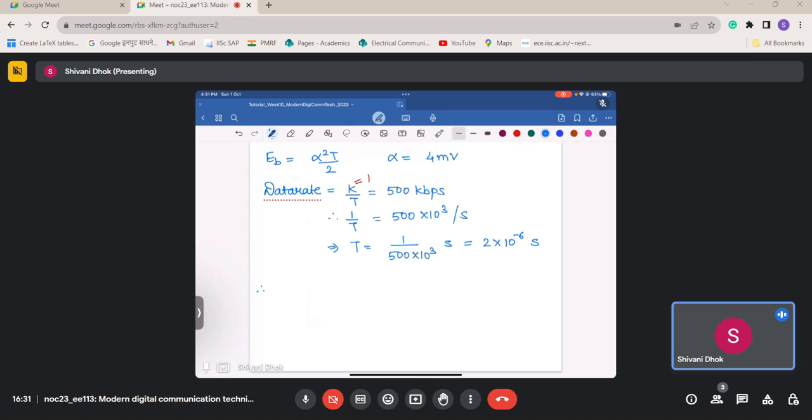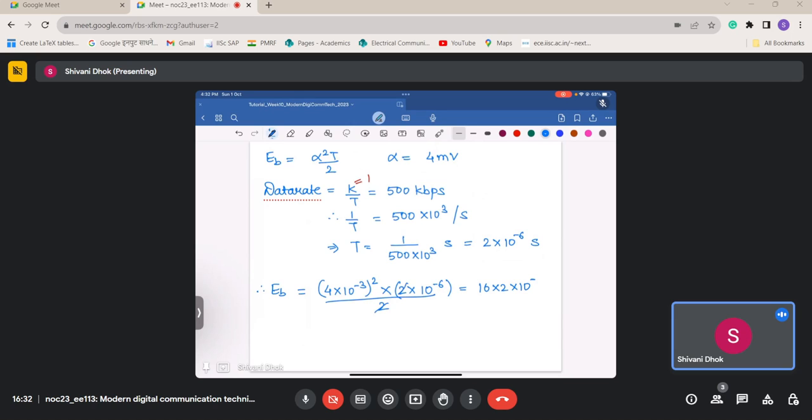So therefore this EB, if we substitute whatever we have obtained into the equation here, we have alpha square, which is (4 into 10 raised to minus 3) square, multiplied by 2 into 10 raised to minus 6 upon 2, which is equal to 16 into 2 into 10 raised to minus 12 upon 2.